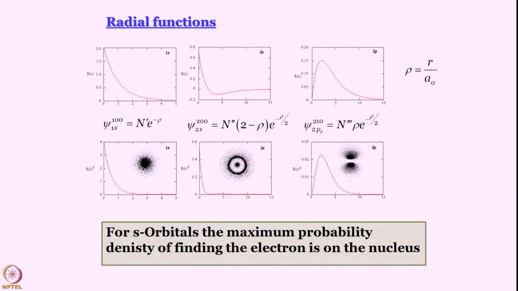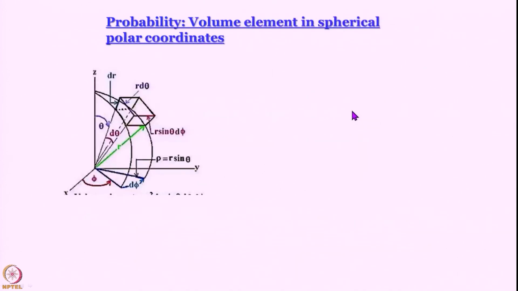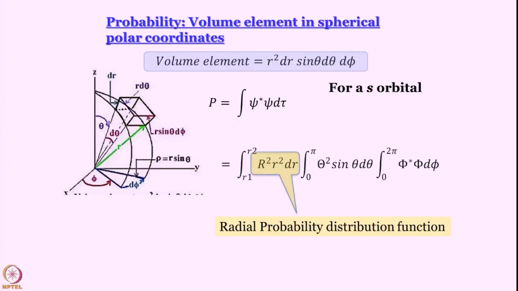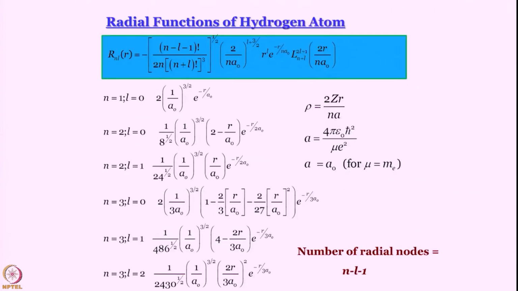Alright. Now here we show you the 3 radial parts, 1s, 2s and 2p. Okay. As you see, this 2p goes through a maximum. We will come back to this later also, but if you just go back to the equations, I think you can see it very clearly.